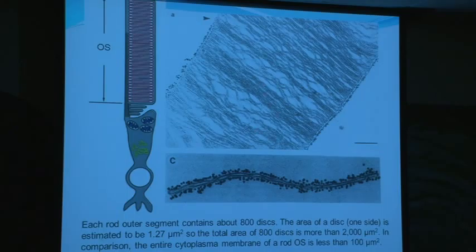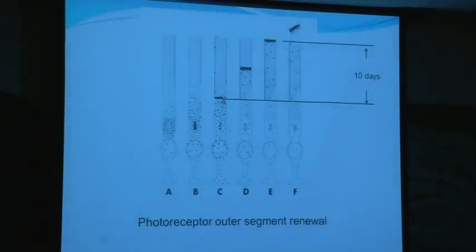This is the outer segments of photoreceptors. That's the image. And the outer segment has all of these discs. This disc is a pancake with a very sharp turn here and a lot of rhodopsins decorated around.